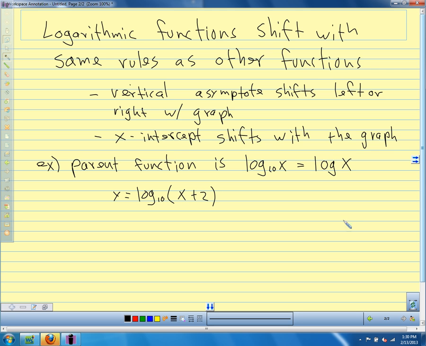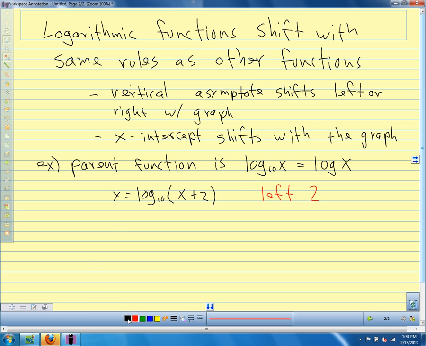What's that transformation? Left 2, using the same rules we've talked about before. So our vertical asymptote would shift from x equals 0 to x equals negative 2. Our x-intercept would shift from 1, 0 to negative 1, 0, shifted over by 2. So our asymptote and our intercept shift with the graph.